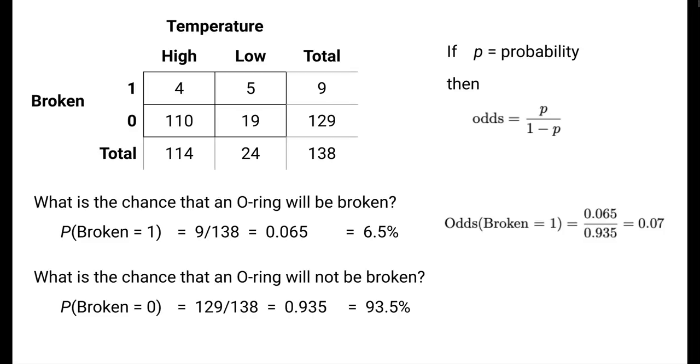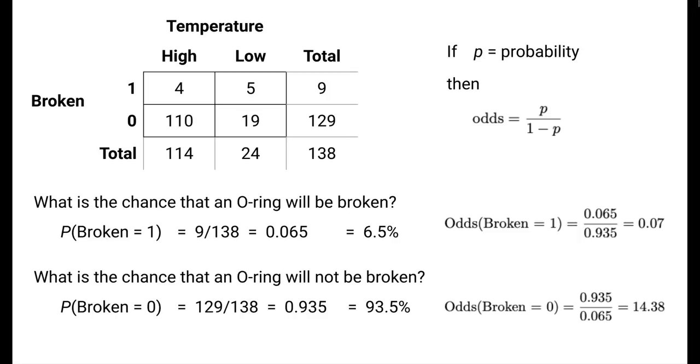For example, the odds of an O-ring being broken is the chance of it being broken, 0.065, over 1 minus that chance, 0.935. This odds is 0.07 and tells us that an O-ring is 0.07 times as likely to be broken than not broken. In other words, not very likely to be broken.